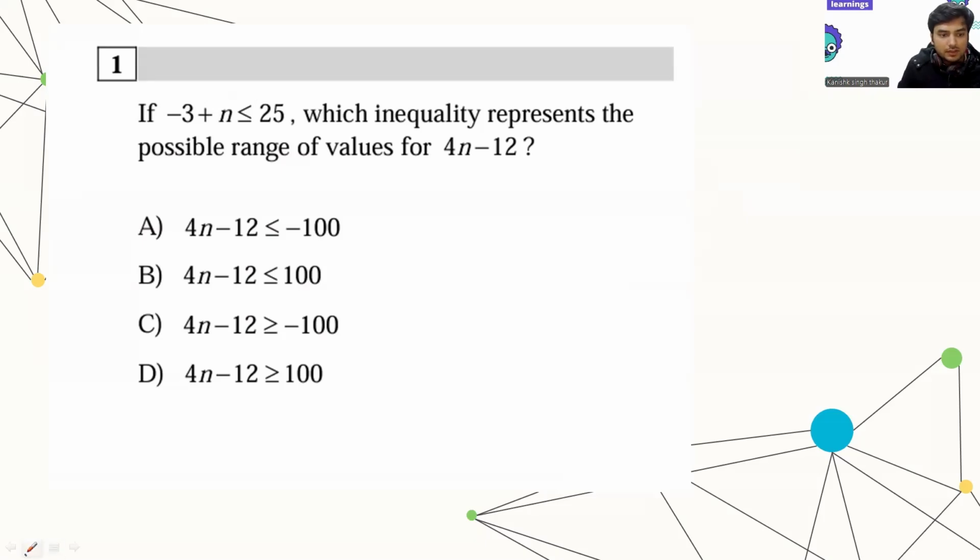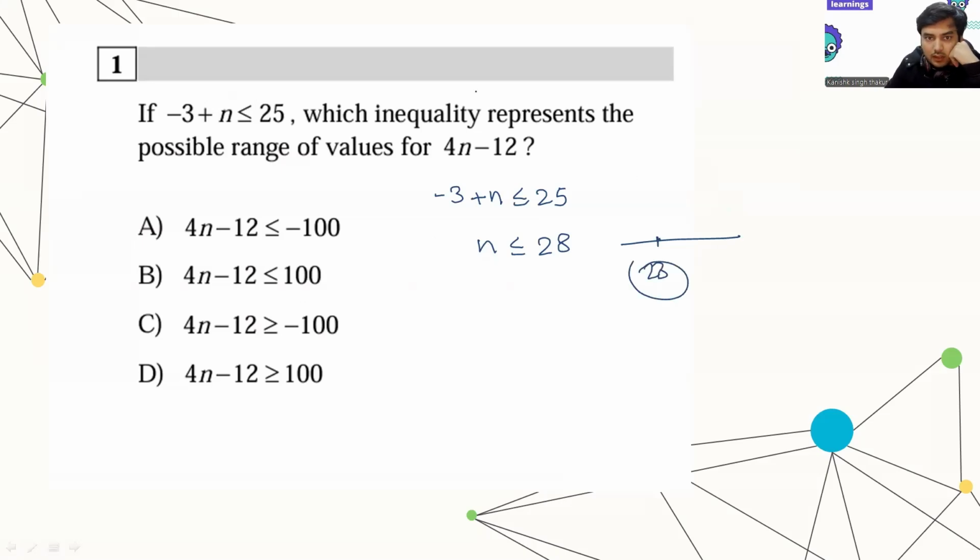So what it says is that n, right? Minus 3 plus n is less than 25. This means n is less than or equal to 28, right? So the maximum value of n is 28, right? It represents the possible range of 4n minus 12. So the maximum value is 28, isn't it?